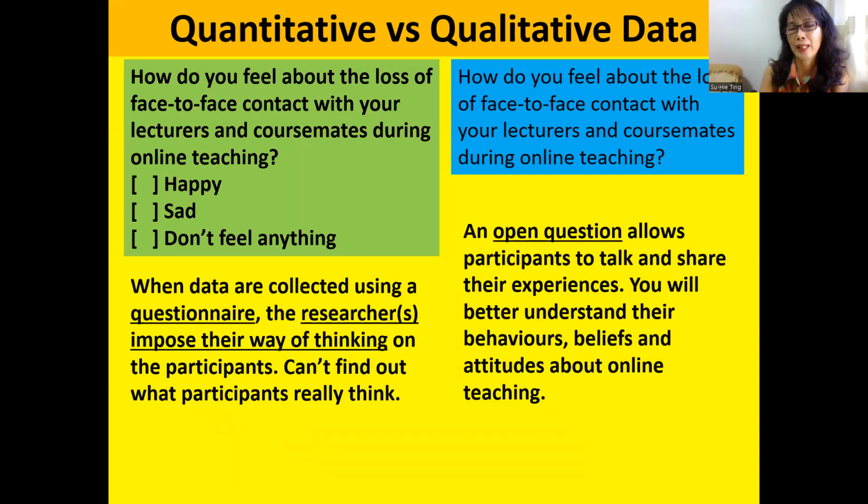But if you ask an open-ended question like this here in the blue, it's very likely the participants can talk about their experiences. They are free to do so, and they may not talk about whether they're happy, sad, or other things. They could talk about other feelings and experiences. So there is an advantage to collecting qualitative data because it helps us to understand the participants better, their version of reality, their version of the world.